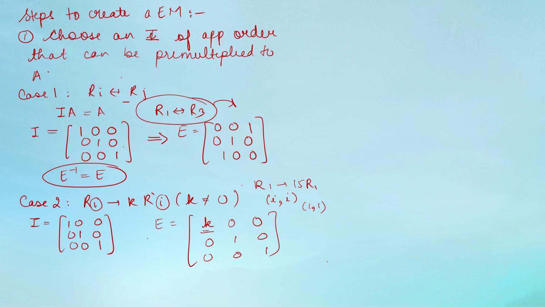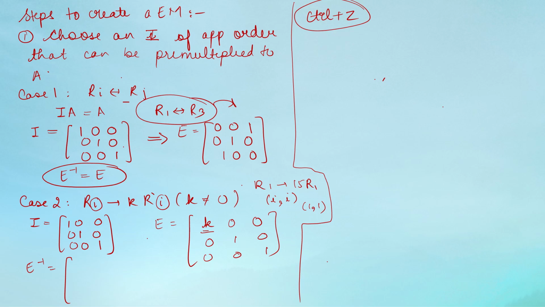Now, when we talk of inverse, first let's understand what inverse is. Right now, you are not focusing on what inverse really is. So, inverse is really like Control Z. When you press Control Z on your computer, what happens? Roll back, right? So, if we want this to roll back to its original form, what do we have to do?